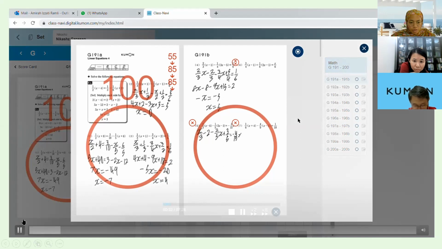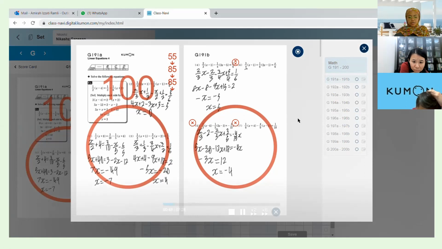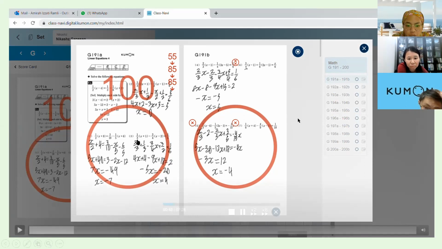Then I will pause for you to see the answer the first time. So this is the first attempt that he did. If you are okay, then I move to the second question. But maybe we can study first.